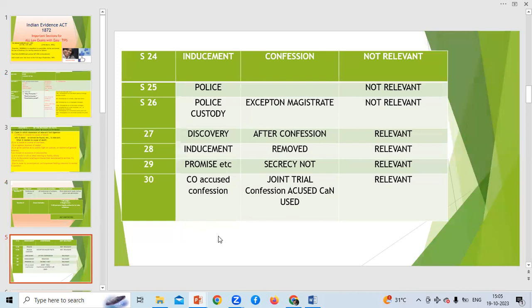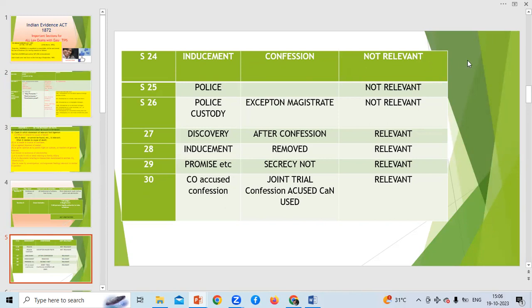Whatever important sections and keywords I have mentioned here, you just go through it and remember it whenever you need it. These are the keywords you should remember about the sections. Section 24. The keyword is inducement. It is about the confession which is not relevant.